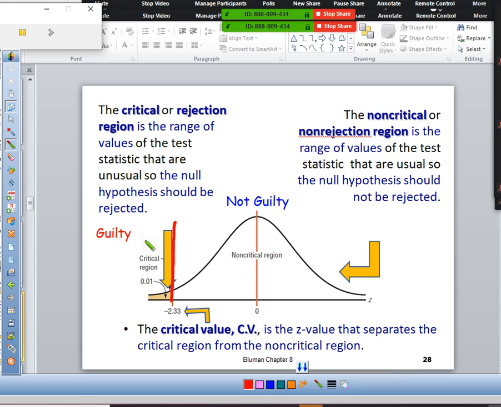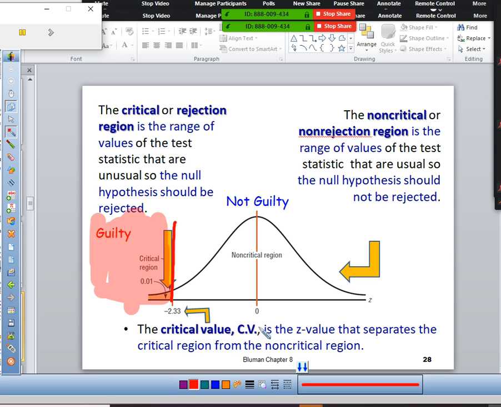And over here on this side, this would be the non-guilty region. Depending on what your z-score or test stat is, you're either going to be in the guilty region or the non-guilty region. This borderline right here is between the guilty and non-guilty region.